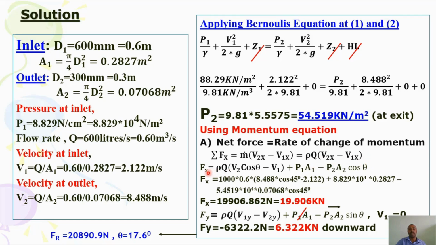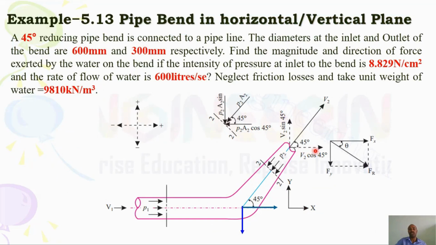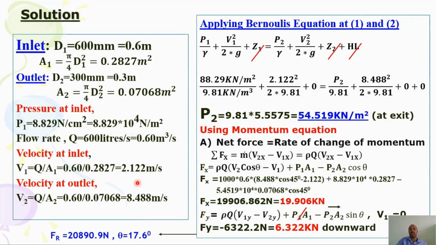So inserting in the computation, the force in the x direction will be rho Q V2 cos theta. Why? Because at exit you have an inclination, so V2 is in this direction: V2 cos 45 degree, V2 sin 45 degree. But here V1 is horizontal, with no component in y, only in x.